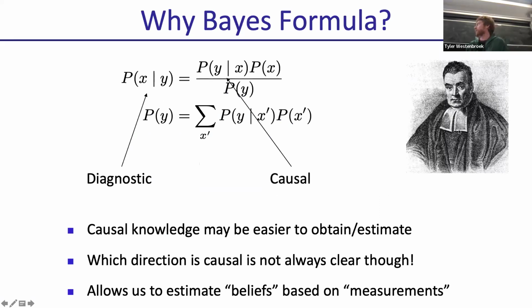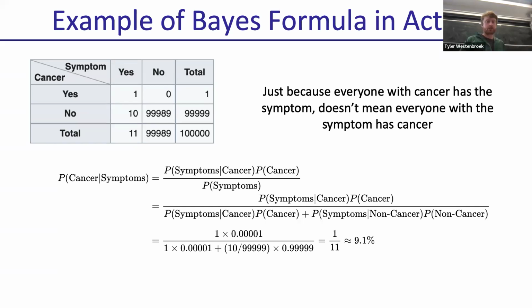Okay, and so why do we use Bayes' formula? The reason is because effectively it allows us to estimate things in a causal way. If we go back to our example, the thing I want to estimate is the probability that someone has cancer given that they have symptoms.